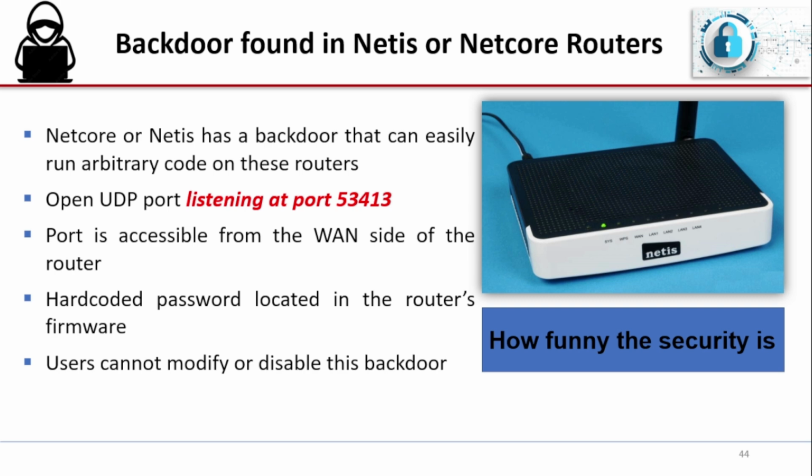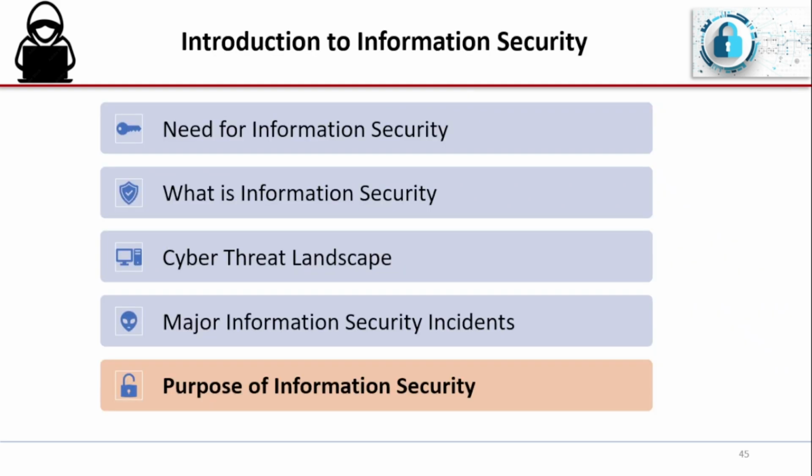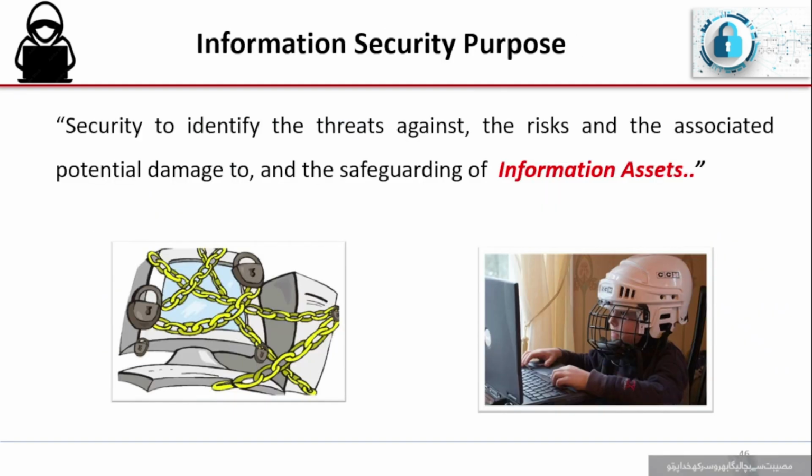Obviously that open port will be considered a backdoor, and an attacker can easily get access to it and do whatever they want. The port is accessible from the WAN side of the router, with a hard-coded password located in the router's firmware, and the user cannot modify or disable this backdoor. So whoever was using this NetOS, if there is an attacker nearby, is compromised. Then at last, the purpose of information security. I hope till now you must know what the purpose of information security is.